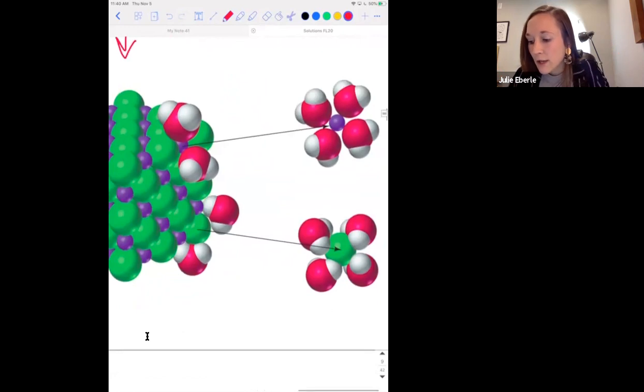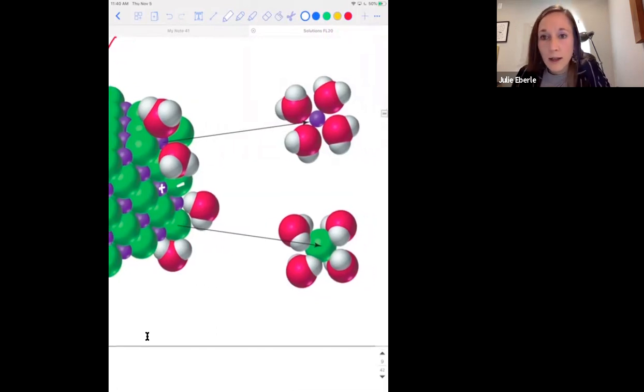But the chlorides, we know they're negatively charged. The green spheres are negatively charged. So the opposite side of the water molecule, the partial positive side, which is the hydrogens, are going to surround the chloride anions.